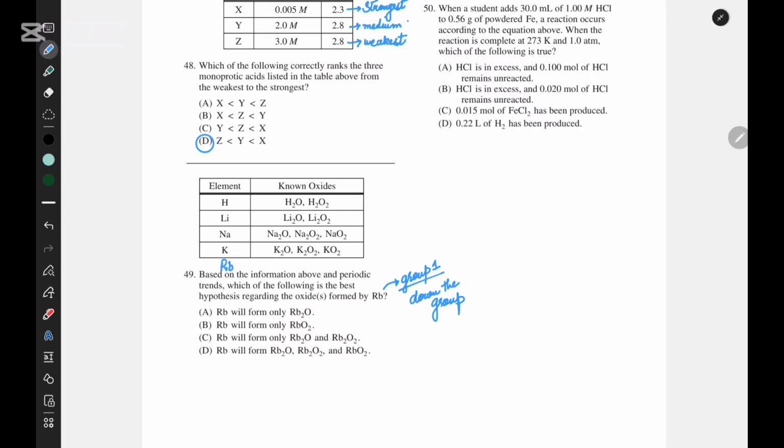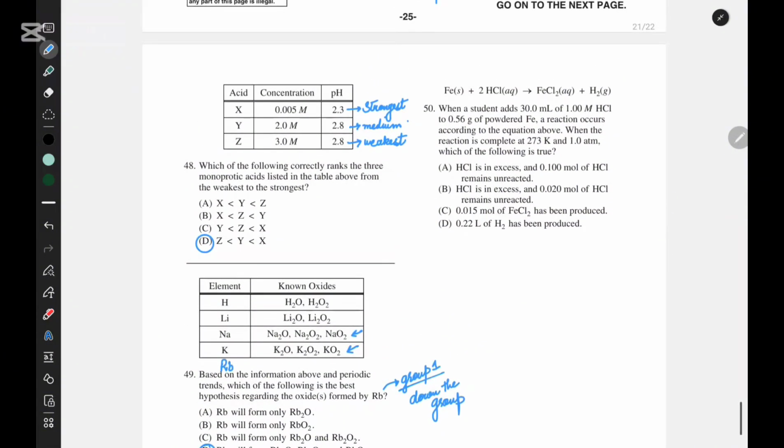Sodium has three oxides, Na2O, Na2O2 and NaO2, so definitely rubidium, which is present below, would also form Rb2O, Rb2O2 and RbO2, because it belongs to group 1 and is present down the group. So it has to follow the trend as well. Next question.